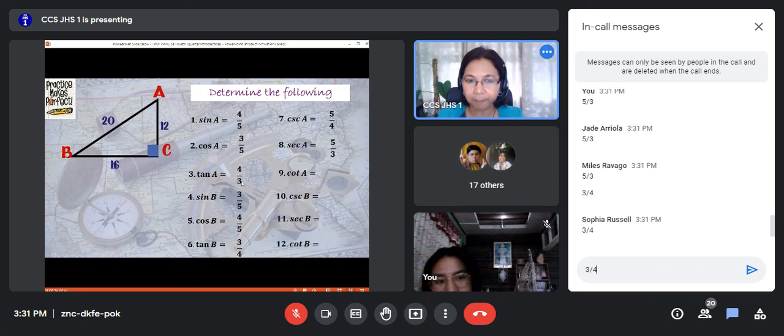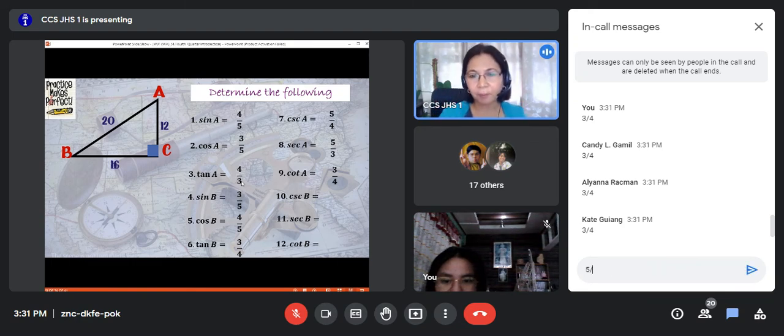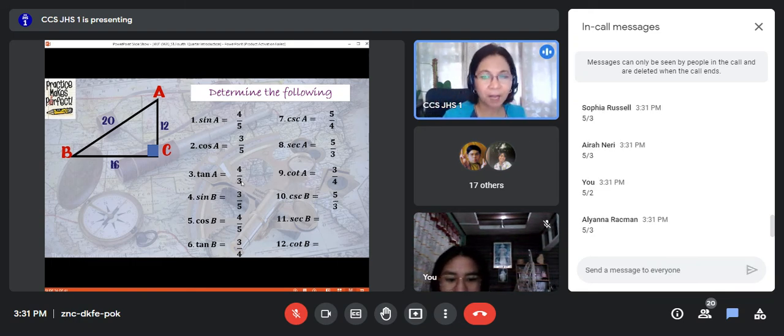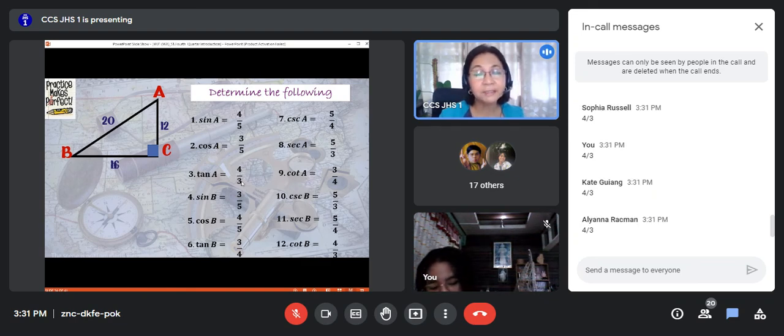Cotangent of angle A, 3/4. That's all. Okay? How about cosecant of angle B? 5/3. How about secant of angle B? 5/4. And then cotangent of angle B? 4/3. That's it. Very easy, class, if your numbers are whole numbers. But if you will have radicals, you still have to rationalize.